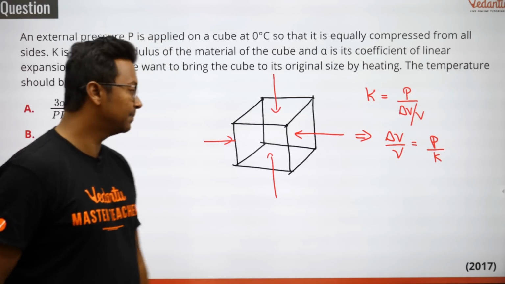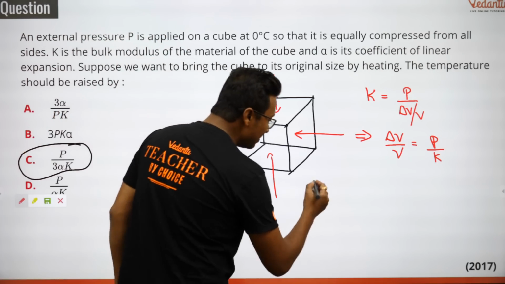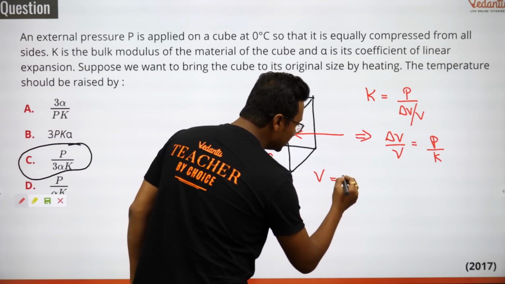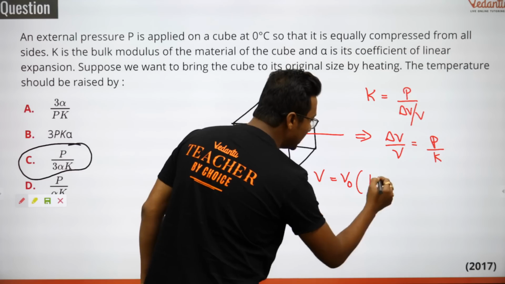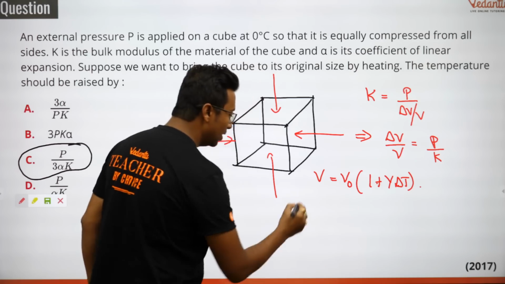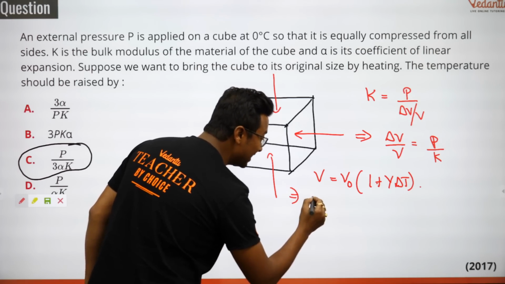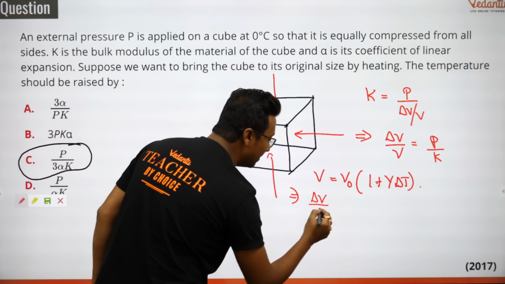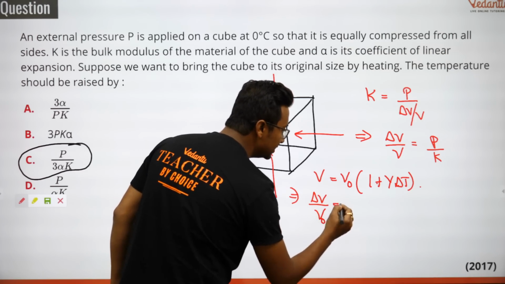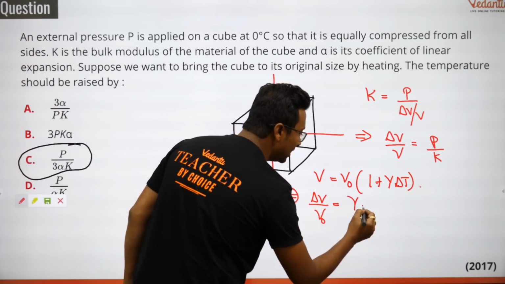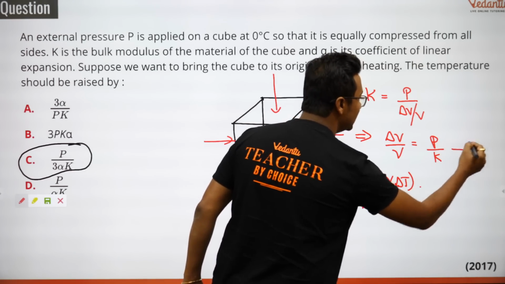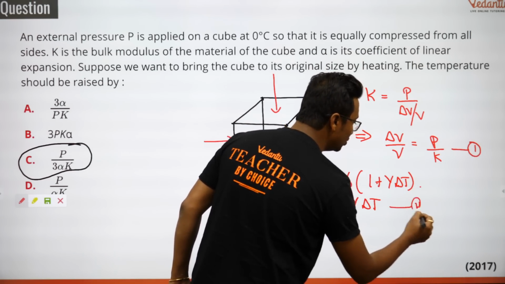For heating purpose, we know V is equal to V naught into 1 plus gamma delta T, which implies I can write my delta V by V, where V naught is nothing but V, equals gamma delta T. So this is my equation number 1, this is my equation number 2.